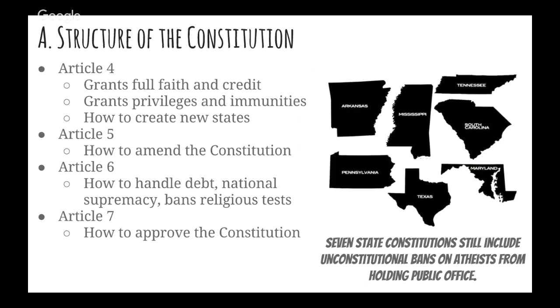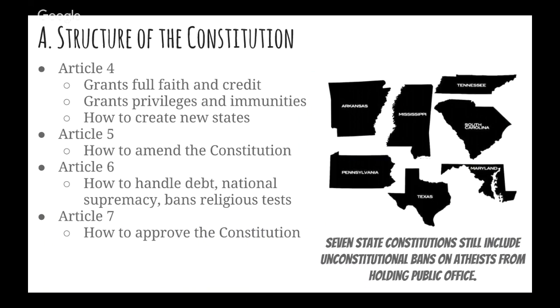Articles 4 and 7. Article 4 is by far the most complicated, so I'm going to make sure I focus in on that. One of the first clauses is the full faith and credit clause. Now, this is giving each state the ability to recognize certain acts, laws, and contracts of other states. So a good example of this is like a driver's license.